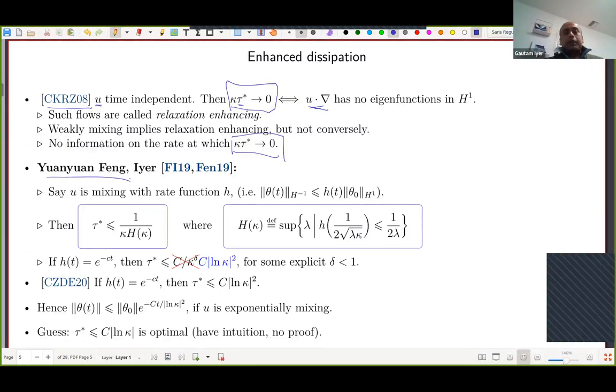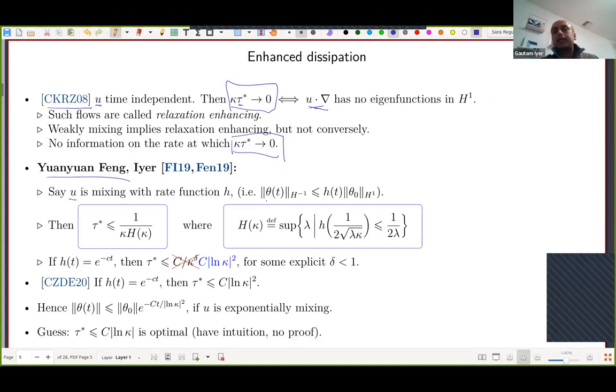So I say, okay, suppose I have the velocity field U, which I assume to be mixing. So mixing in exactly the same sense as we saw in the previous talk of Michele and was mentioned also before, right? So if you're mixing, I just want to look at the inviscid flow, right? So the flow of just the velocity field U with no diffusion, and say if I look at scalars that are transported just by the flow U, they get mixed as time goes along.